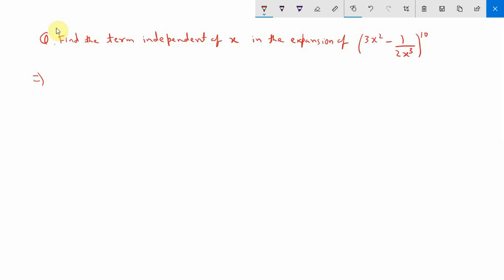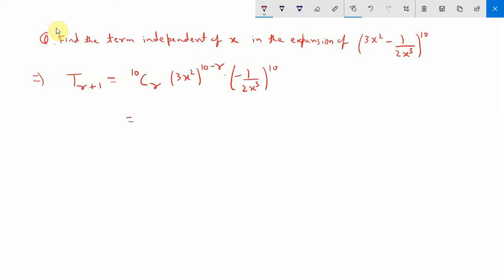So how will we proceed here? See, first we will calculate a general term. Let T(r plus 1) be the general term. So T(r plus 1) equal to, what will be the formula here? N is 10. So 10Cr into 3x square to the power 10 minus r and minus 1 by 2x cube to the power r.